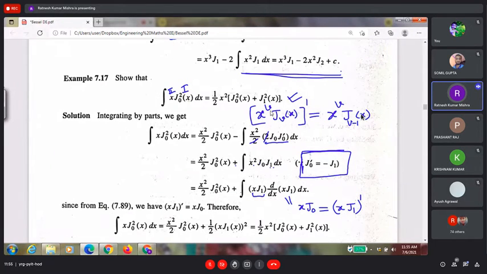See, v equal to 1, so x के पावर 1 j1 का डिफरेंशिएशन with respect to x equal to v equal to 1, so x, and v equal to 1, so 1 minus 1 is 0.